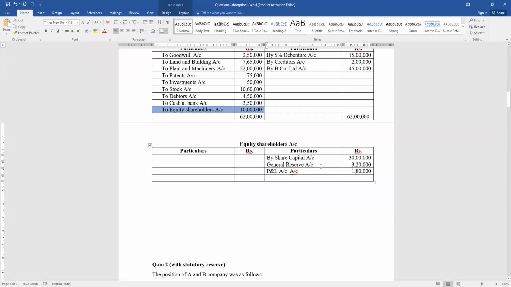So by share capital 30 lakhs, by general reserve 3,20,000, and by P&L account 1,80,000. All this you have transferred.